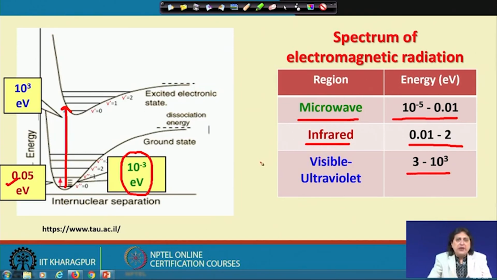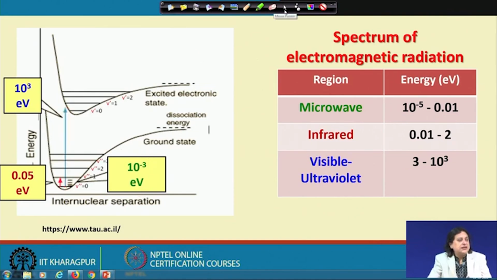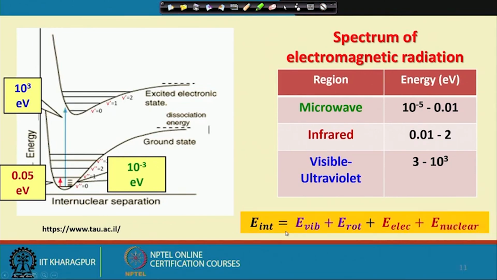So, what is very clear from all these presentations is that we indeed have a clear separation of the internal energy of the molecule into a vibrational part and a rotational part, in addition to the electronic part and the nuclear part. We have already discussed that the nuclear part is about 1000 times the electronic energies.